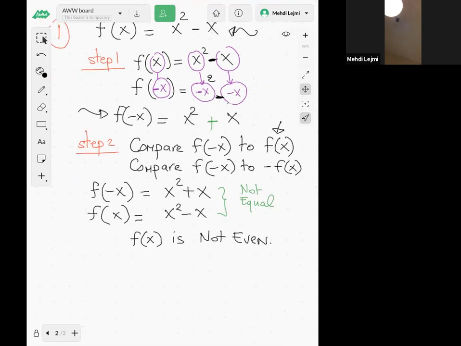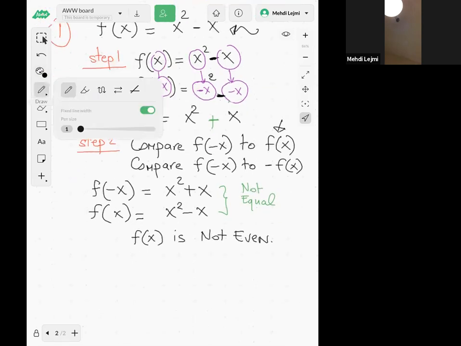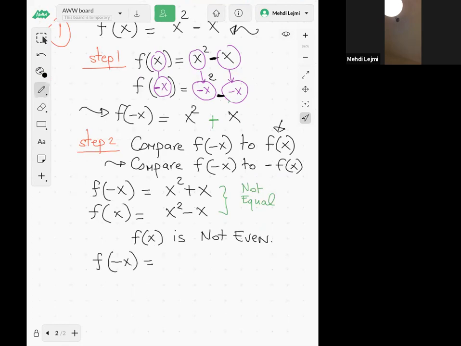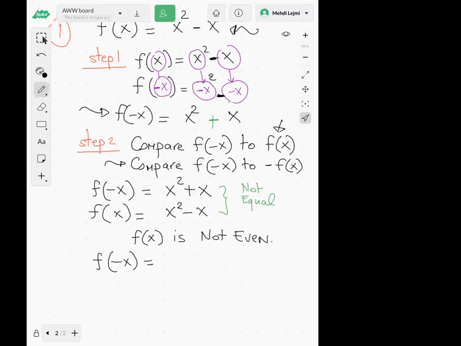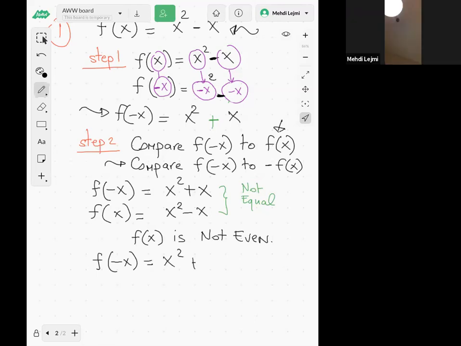Now I can compare f of minus x to minus f of x. f of minus x, again, is from the first step. Why do you have to compare it? To say whether the function is odd or not, because if they are equal, then the function would be odd.